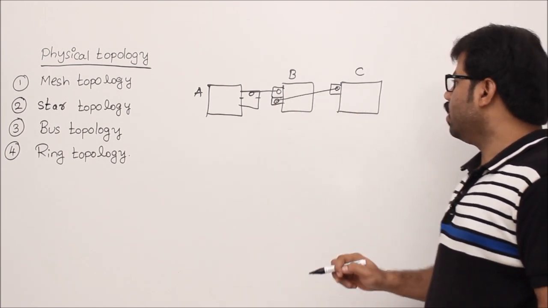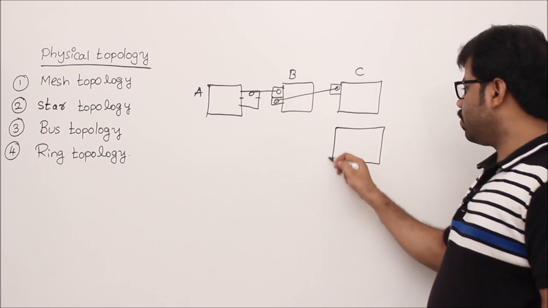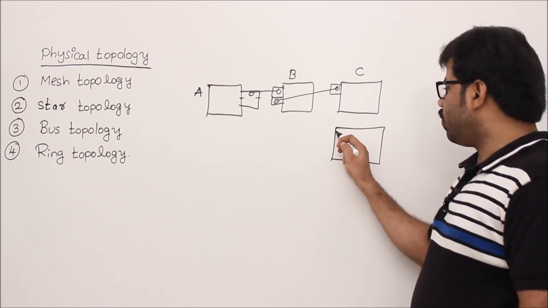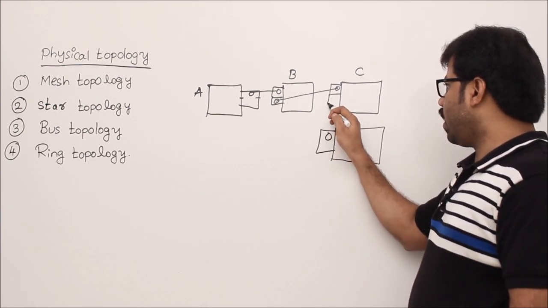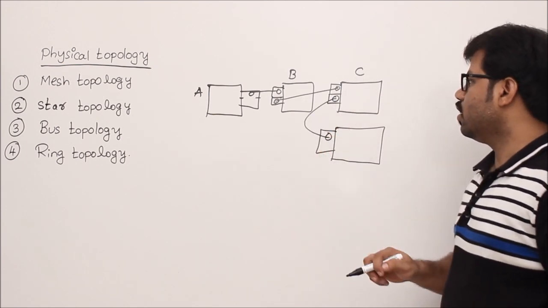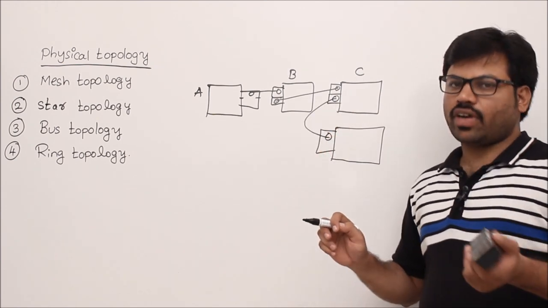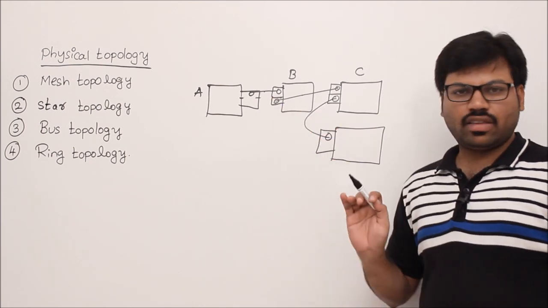Yes, fine. What about another computer? If you have another computer, how do you connect them? So one thing is, for easy connections, take one port of D, and there will be one more port of C. Connect like this. So here you are using a very small number of connections, correct? 1, 2, 3. So there are 3 links.